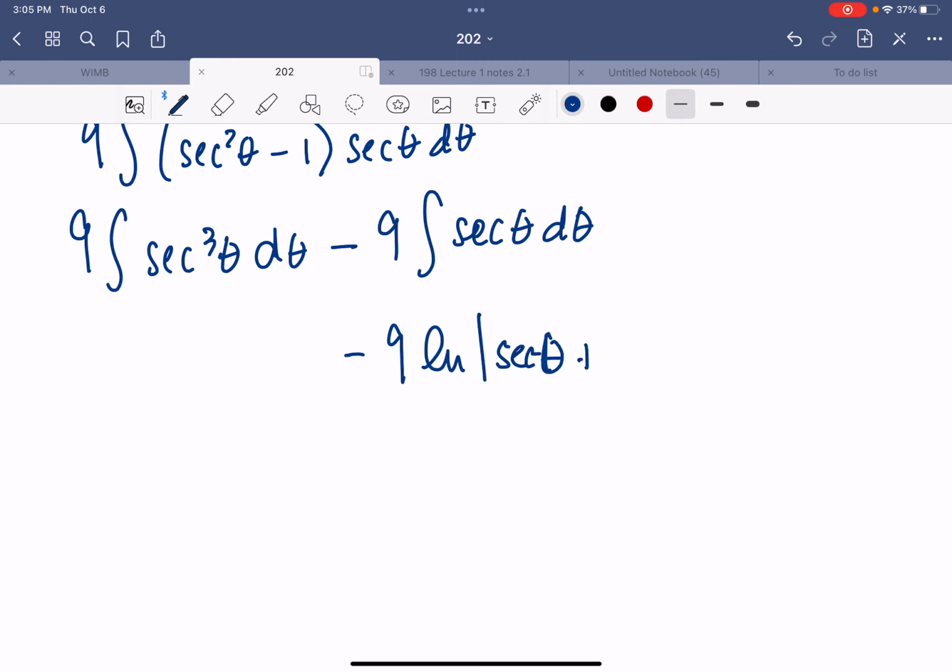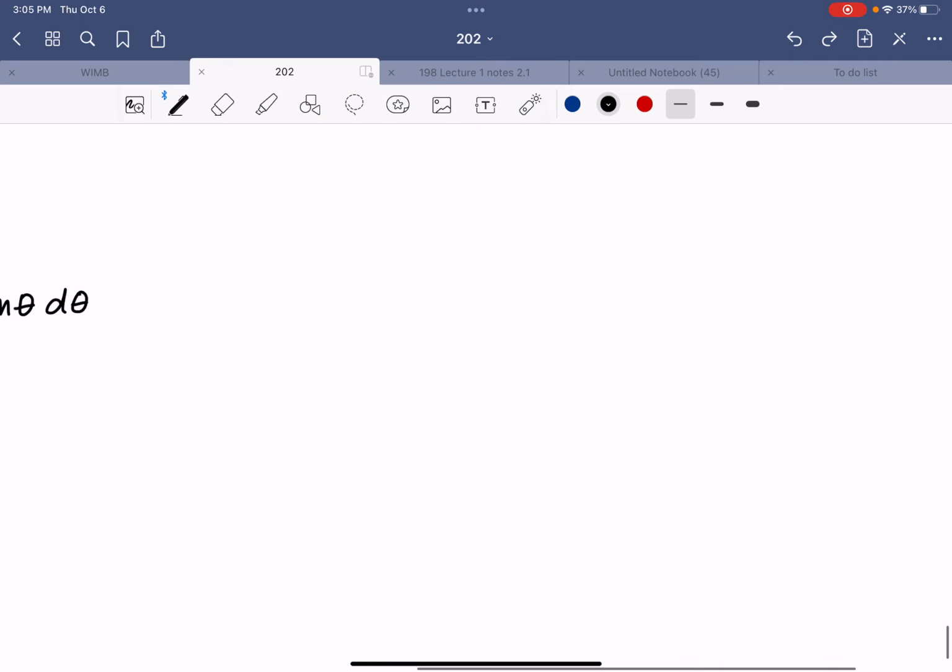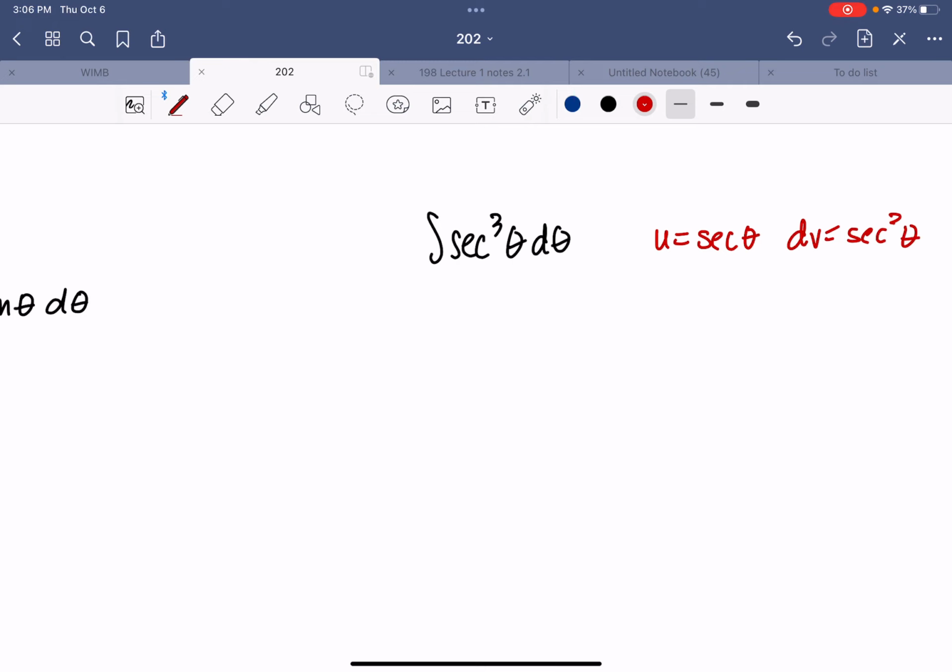So let me go to the side and see if we can figure this out. We're trying to find the integral of secant cubed. And what we're going to do is use integration by parts here. We're going to go with u equals secant theta and dv equals secant squared theta.